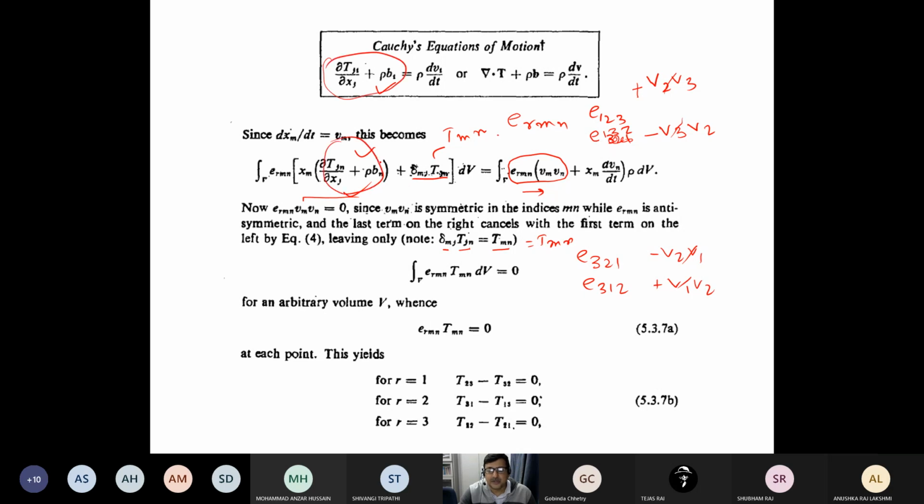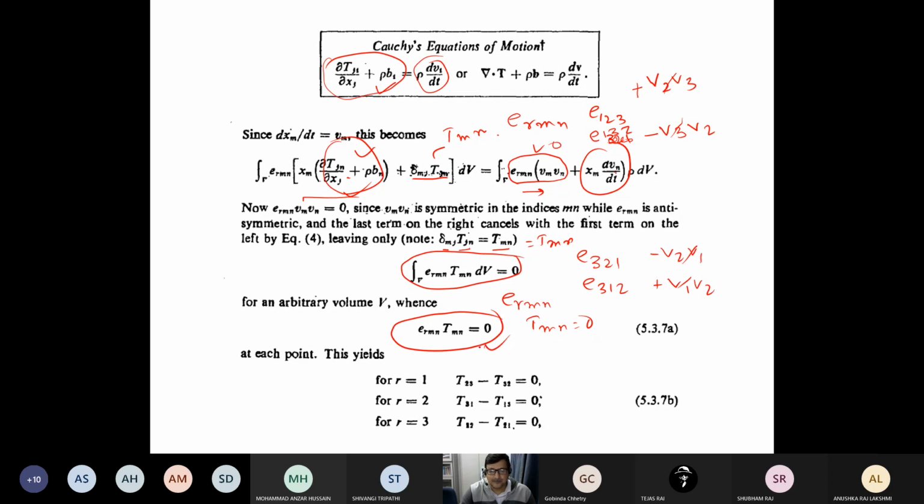This part and this part combine to the linear momentum equation. So this is 0. So ultimately, if this is 0, then what will happen to this? ε_rmn τ_mn equal to 0. You come out to be this first for the volume integral, and then you come out to be this.